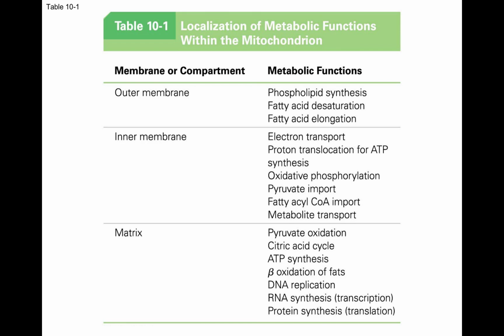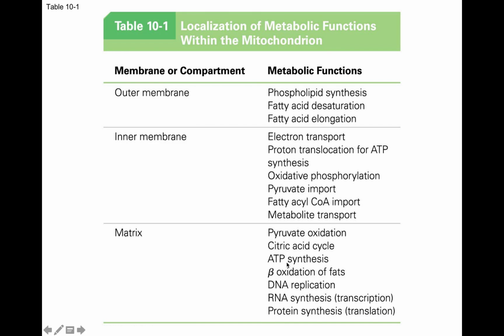The mitochondrial inner membrane, remember, is one of the highest percentage of protein in a biological membrane, up to 90% protein by weight. And in the matrix, that's where pyruvate oxidation happens. So the pyruvate is going to cross two membranes, the outer membrane and the inner membrane, and then get oxidized in the matrix. That's also where the citric acid cycle happens.